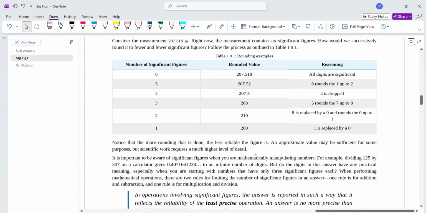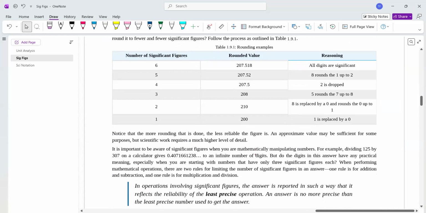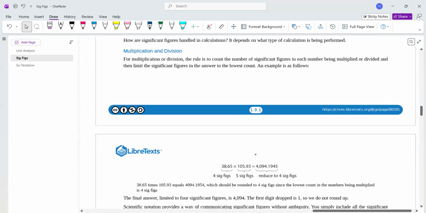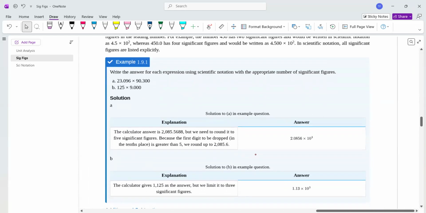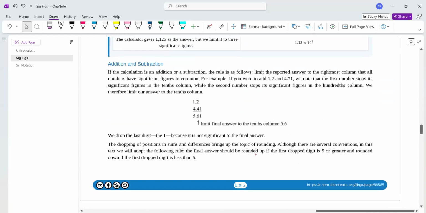It talks about rounding and gives some examples with answers.